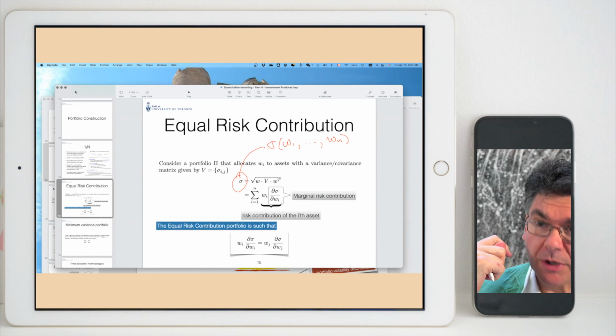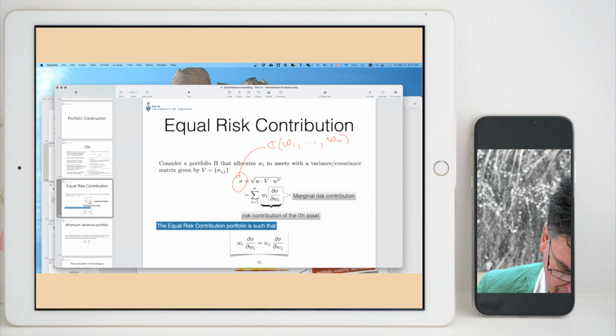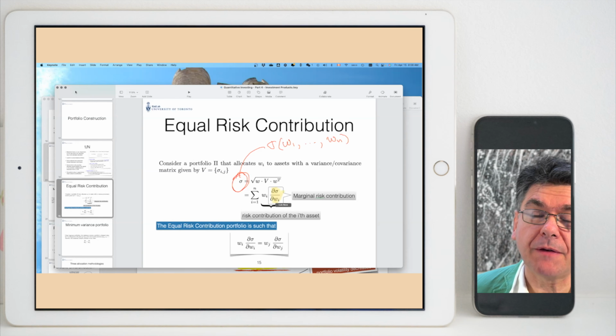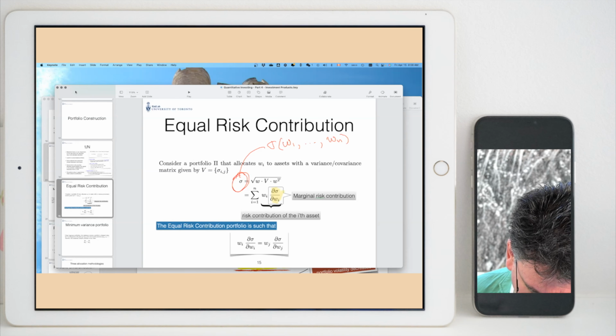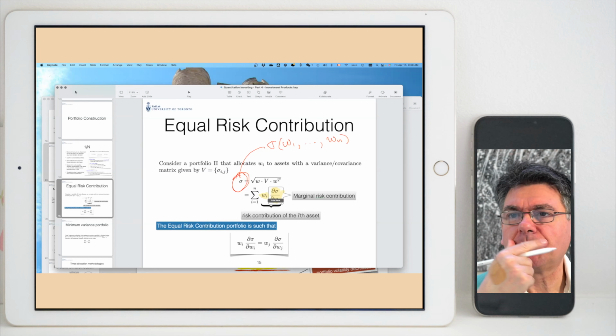And because of this formula, there's a very beautiful expression that says that this volatility, look at this, is the sum of the partial derivatives of the volatility with respect to the weights. It's right here, I'm going to highlight that in yellow. The partial derivative of the volatility with respect to the weights, multiplied by the weights, is equal to the volatility.